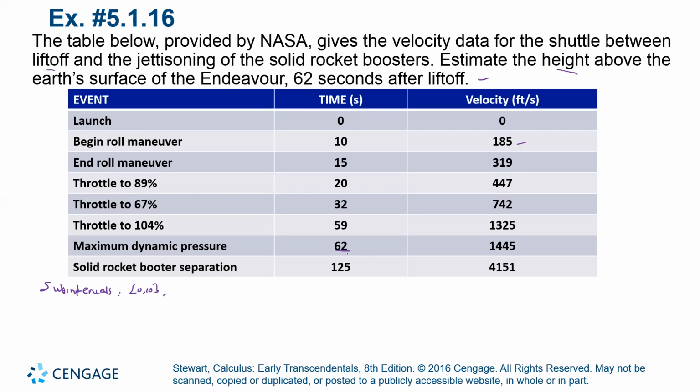It said up to 62 seconds, so we're going to go from 10 to 15 seconds, and then we have 15 to 20, and then 20 to 32, and we have 32 to 59, and then 59 to 62.